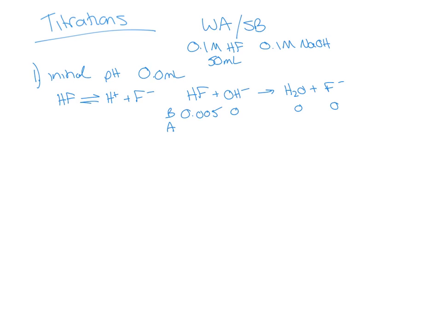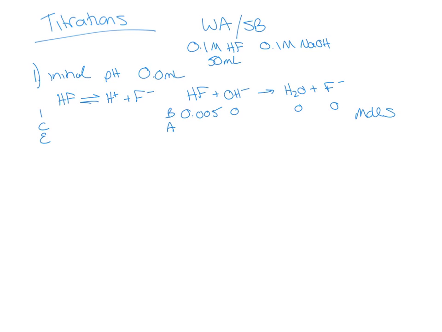Your before and after charts are going to be in moles, and your ICE charts need to be in molarity. That's a fine little difference that ultimately on the AP exam, etc., I don't think is going to come into play. But as far as your understanding, ideally you would know the difference there.